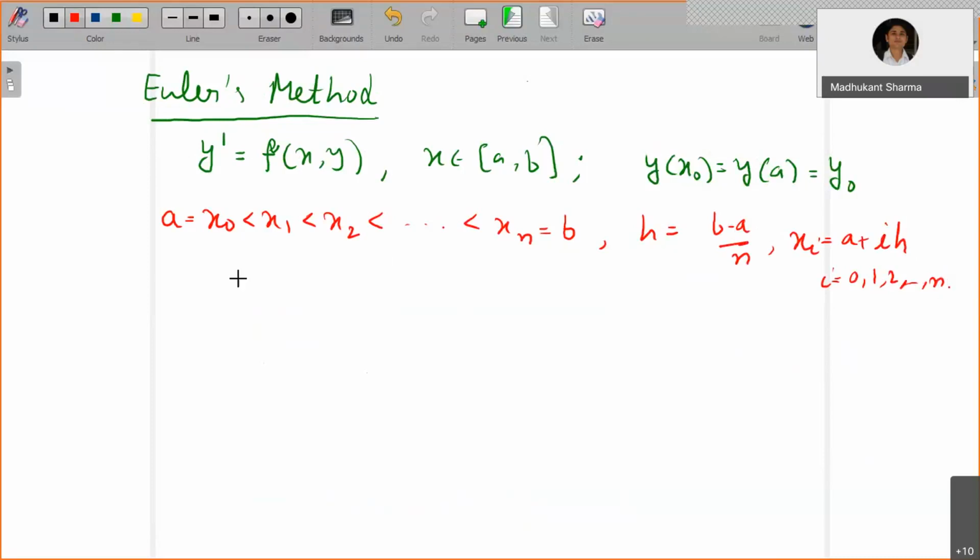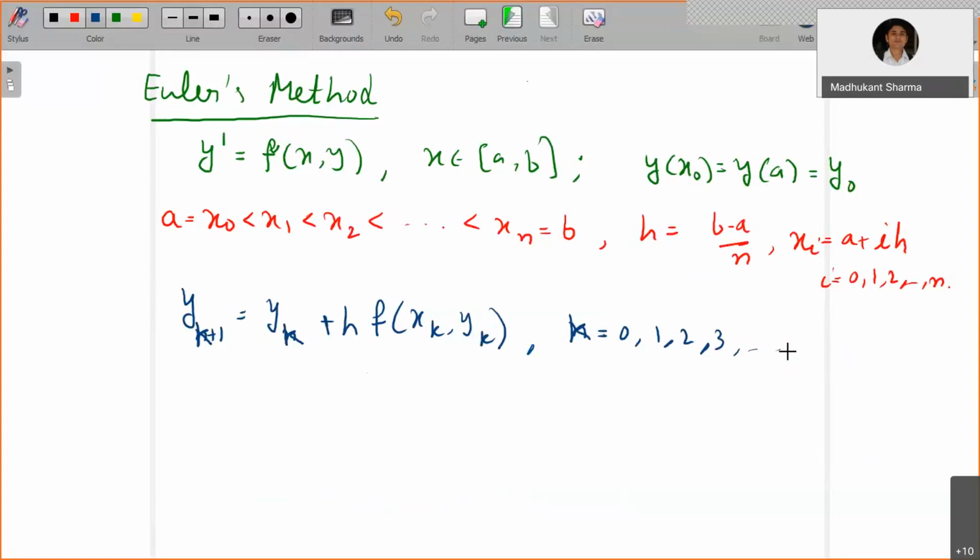Then the formula for Euler's method, I'm just going to state here, is y(n+1) equals yn, or instead of n you can use k: y(k+1) equals yk plus h times f of xk comma yk, with k equals 0, 1, 2, 3, and so on.